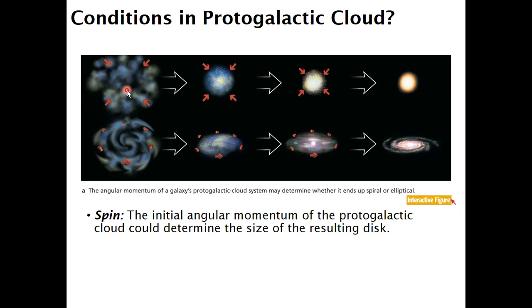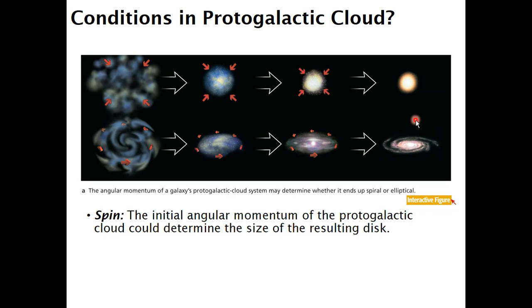If the cloud's not rotating very much at all, it just nicely contracts and you get a spherical object. You get an elliptical galaxy. But if it is rotating significantly, then as it collapses, that angular momentum is conserved and you get a flat disk. So you end up with spirals versus ellipticals. That's a possible explanation.